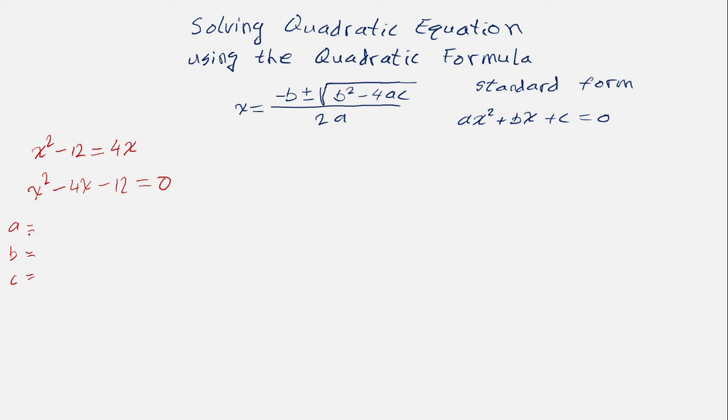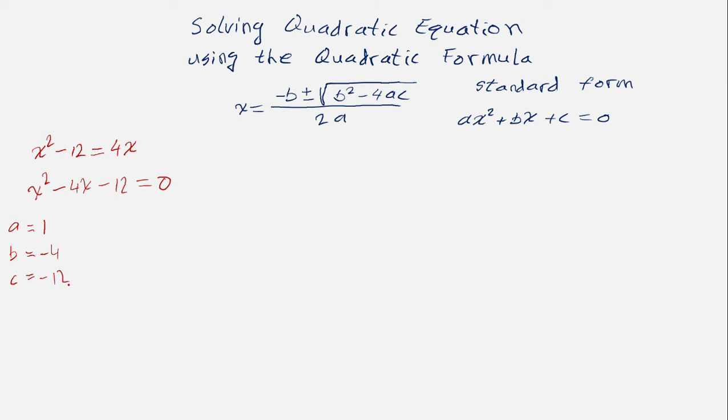So a is the coefficient on x squared, which means whatever we have in front of x squared multiplying it. In this case, there is nothing there, which means we have 1, because we can always say 1 times x squared. And then b is negative 4 right here, and then c is negative 12.